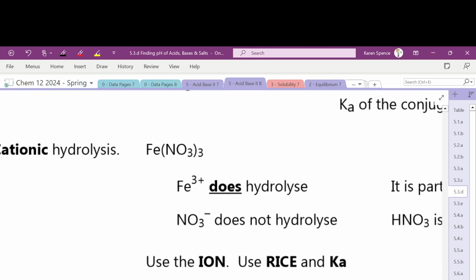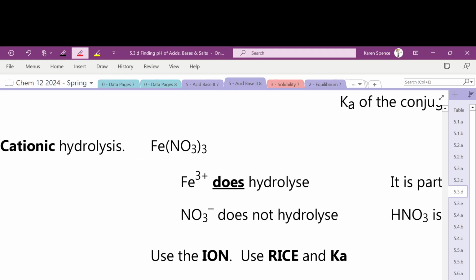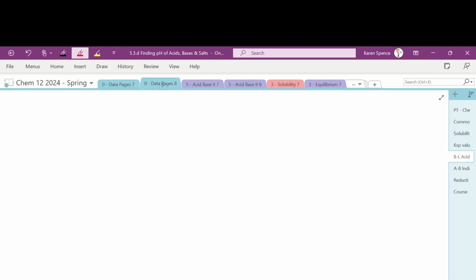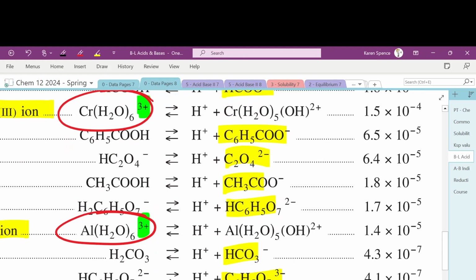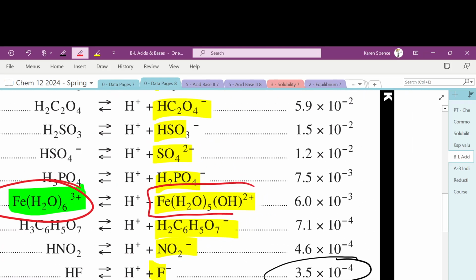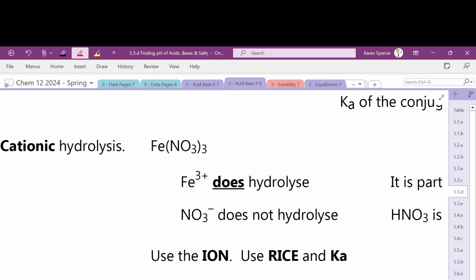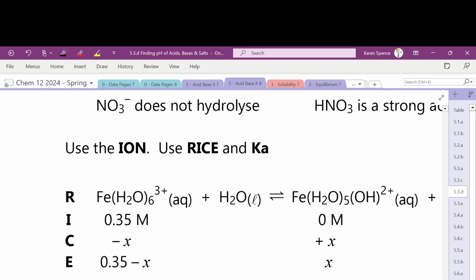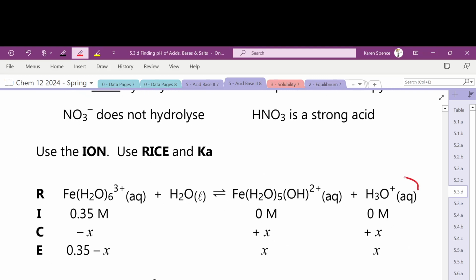Cationic hydrolysis. So Fe does hydrolyze. And if you don't remember how it hydrolyzes because it has all those waters and it's super complicated, where can you go look? On your data booklet, because it will tell you what it forms. It forms this big blobby thing here, Fe(H2O)5(OH)2+, and then you can write that in your equation. It's producing H3O+.